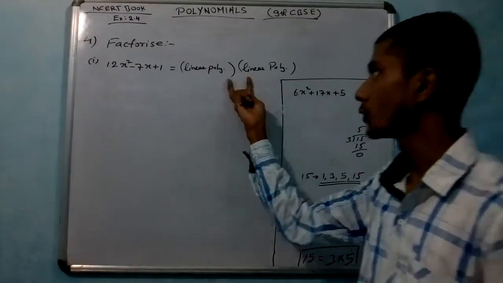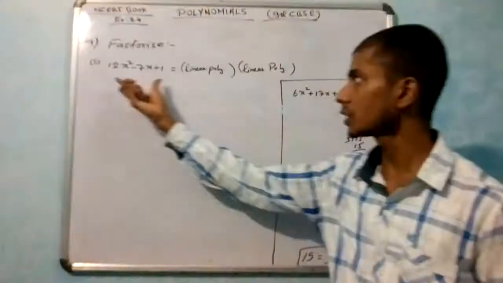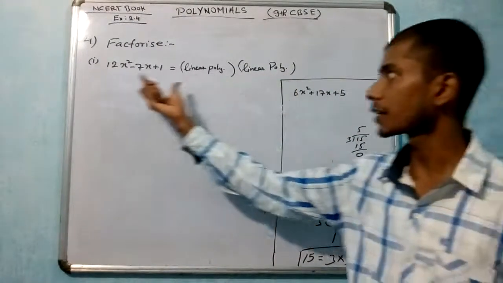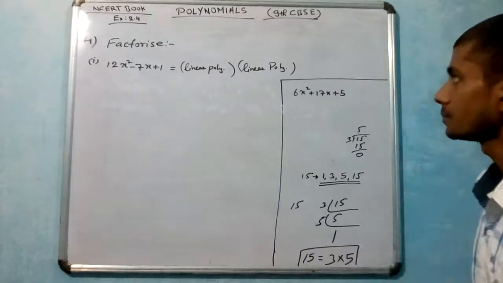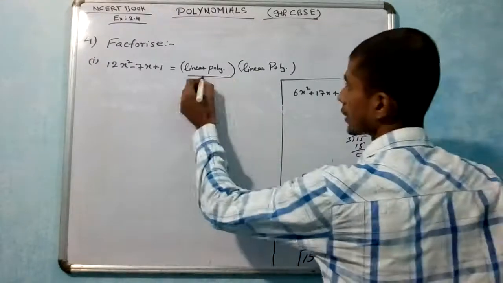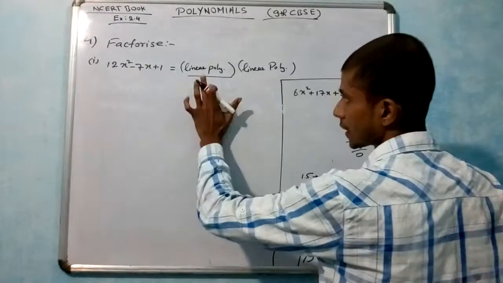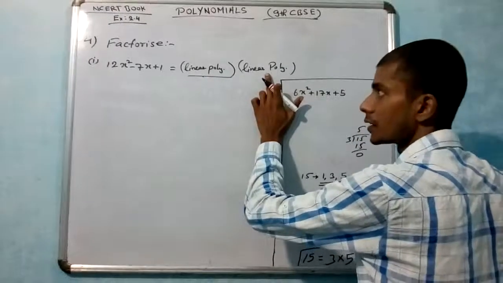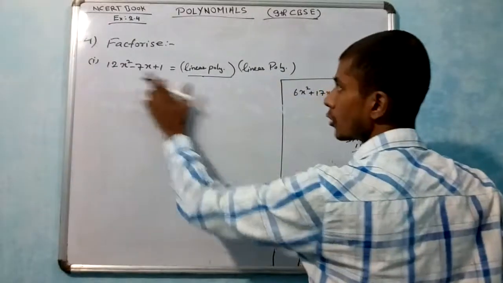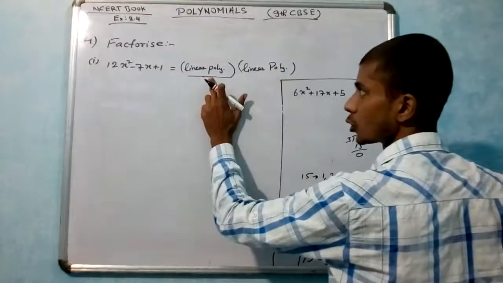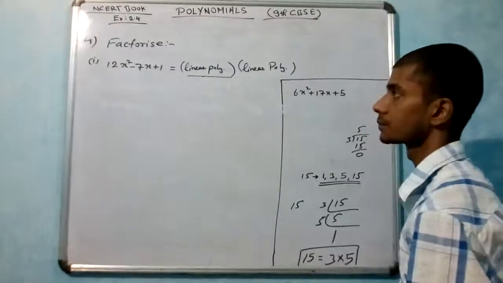We can say this is one factor and this is another factor. If we divide this by this, we will get the quotient as this and remainder 0.